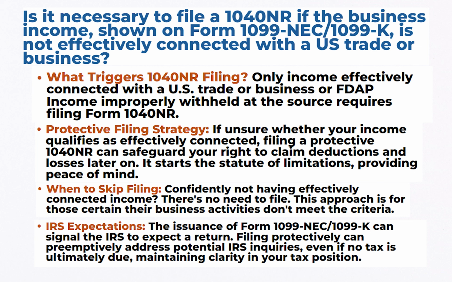So you're filing a protective return in case they reach out to you in the future to say, hey, what are you doing? Or is your income effectively connected? You can actually explain whether it is or it is not. Another option is just to wait and see. If you're really certain that your income is not effectively connected, you don't file anything.